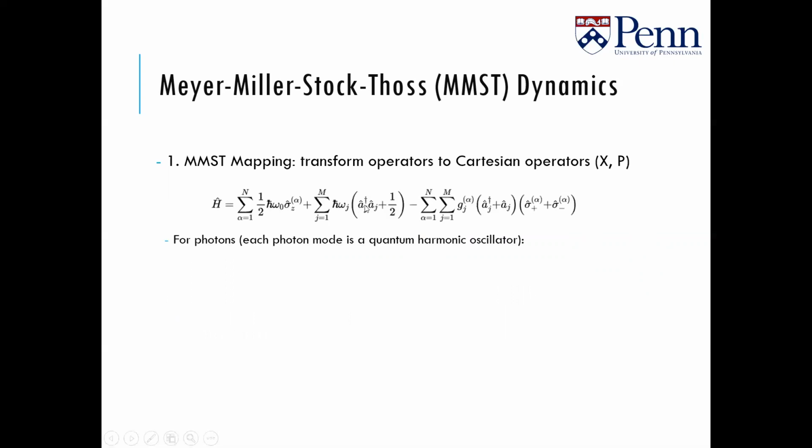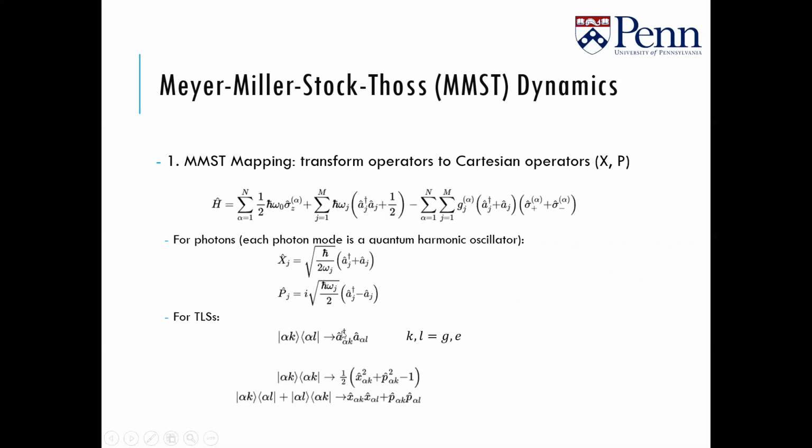For photon modes, a and a-dagger, we map them to X and P, and this is relatively trivial. For two-level systems, we map them like this, so that we can write them as a linear combination of X and P as well.